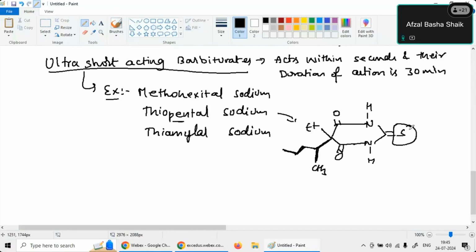Here it has carbon double bond S. That makes this compound what type of acting? Short acting, right? I hope you got clarity about this. Similarly, there are also other drugs like intermediate acting, long acting, short acting. So again, it depends upon the lipid solubility or the partition coefficient.